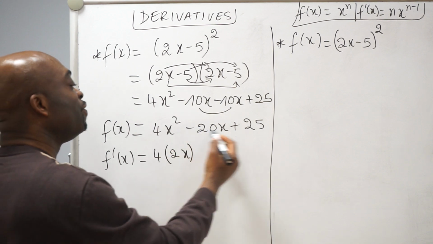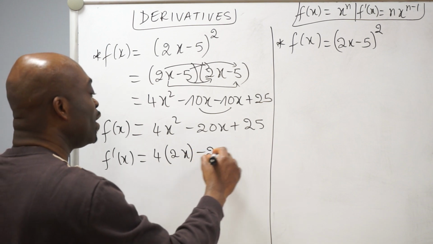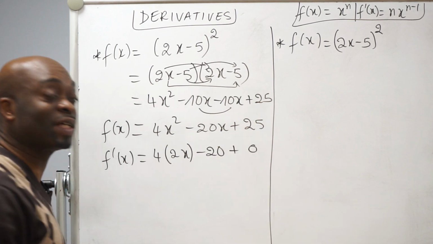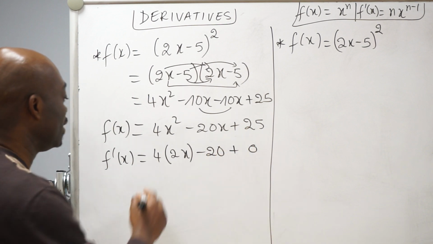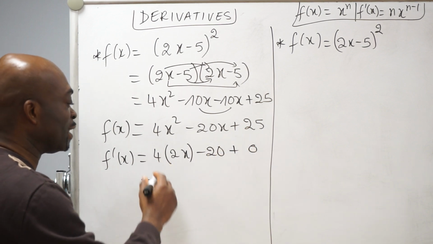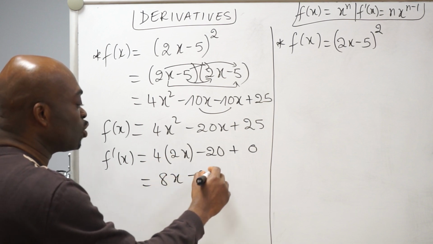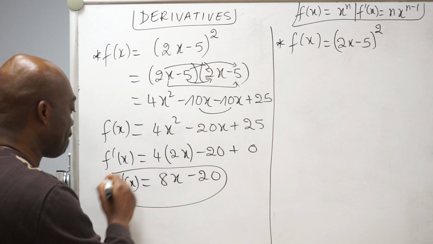Then the derivative of negative 20x is only negative 20. And then plus 0, because the derivative of a constant is 0. Then we proceed with the calculations: 4 times 2x is 8x, then minus 20, and this is the derivative.